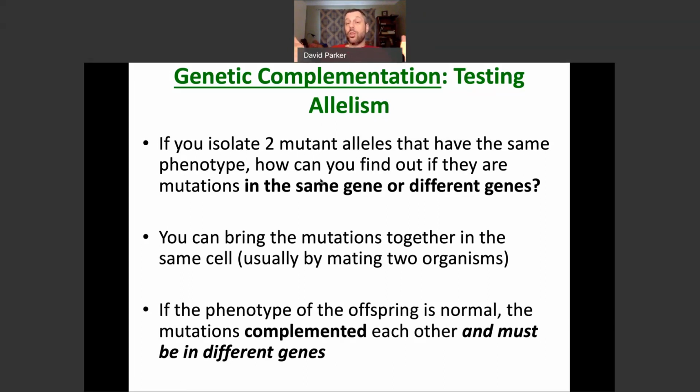We brought those mutations together into the same plant by crossing the two white flowers together. And we saw a purple flower result from that cross, which is the normal or wild type phenotype for the pea plant. And so what that showed was the two mutations complemented each other, showing they were in two different genes.